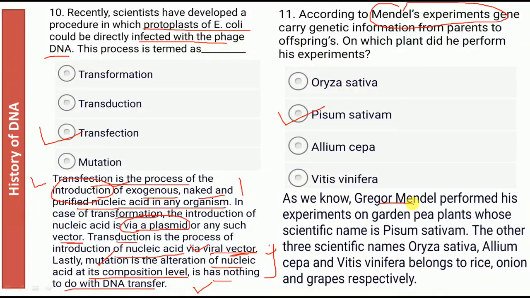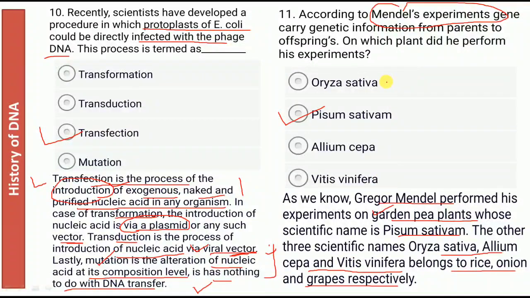So we know Gregor Mendel performed his experiments on garden pea plants, whose scientific name is Pisum sativum. The other three scientific names, Oryza sativa, Allium cepa and Vitis vinifera, belong to rice, onion and grapes.